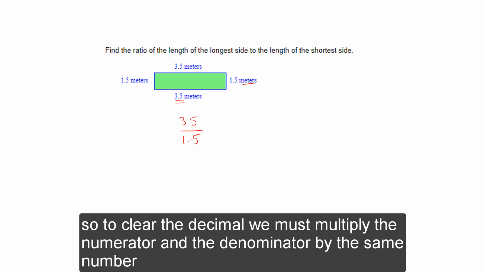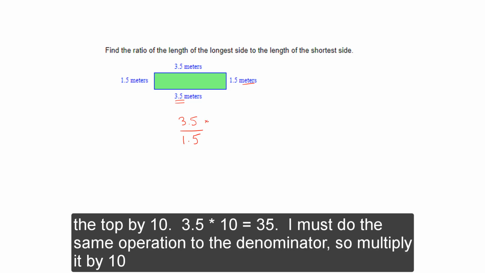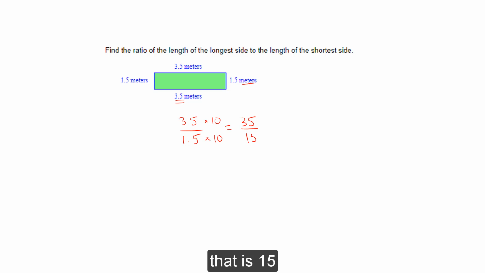So to clear the decimal, we must multiply the numerator and denominator by the same number. To move the decimal to the right, we have to multiply the top by 10. 3.5 times 10 is 35. It just moves the decimal. I must do the same thing to the denominator, so I'll multiply it by 10. Has the effect of moving the decimal one place. So that would be 15.